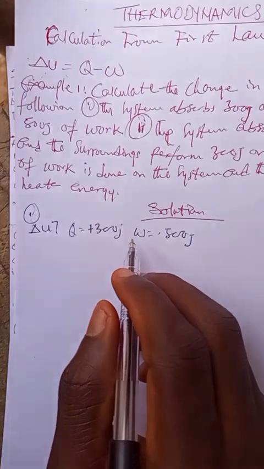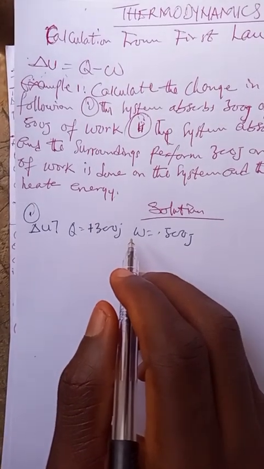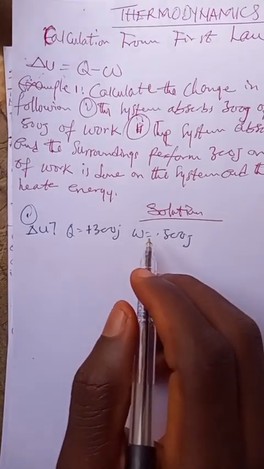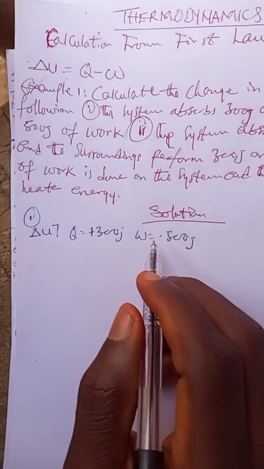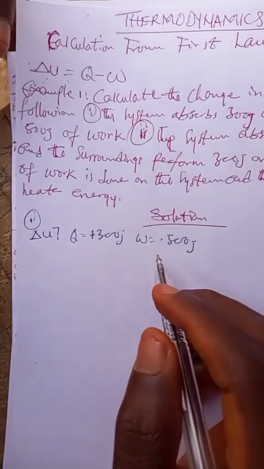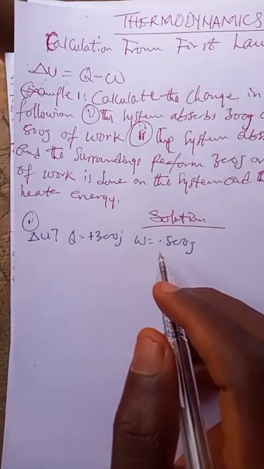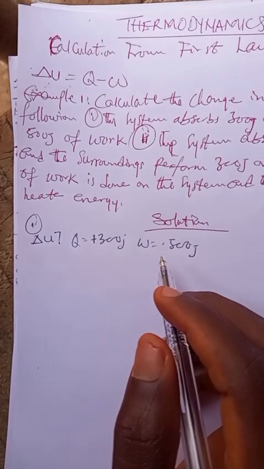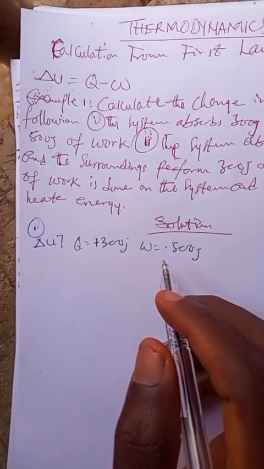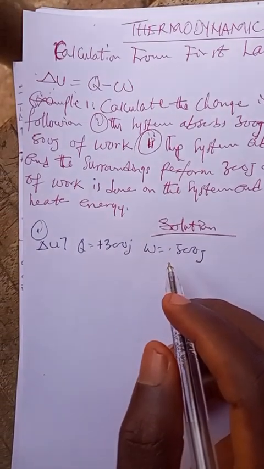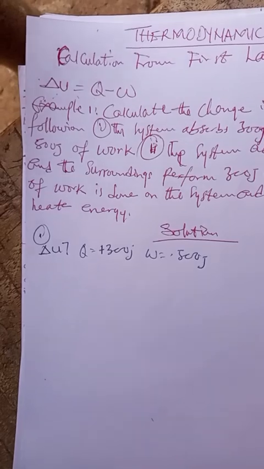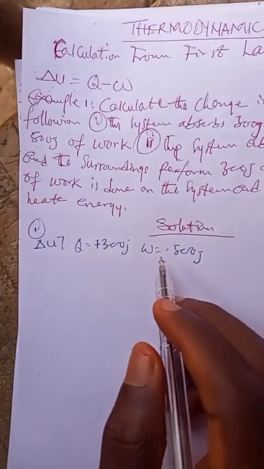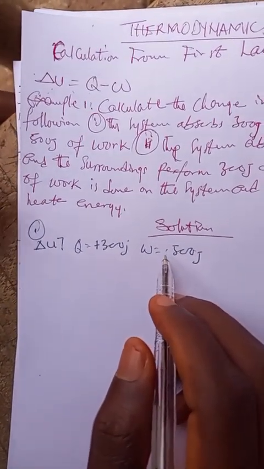Same thing, if work is done on the system, your W is minus. That is compression. But if the work is done by the system, definitely your W is plus. And if the system expands, it means that your work done is plus. So you have to take note of this.